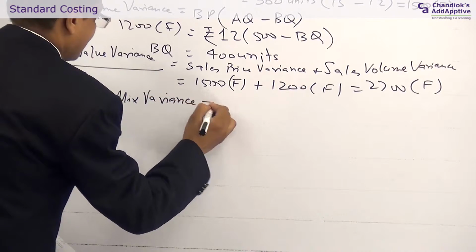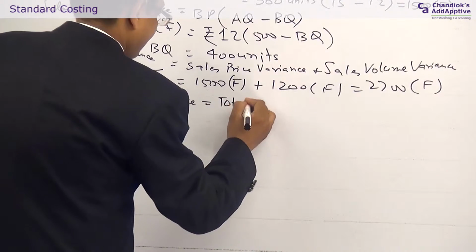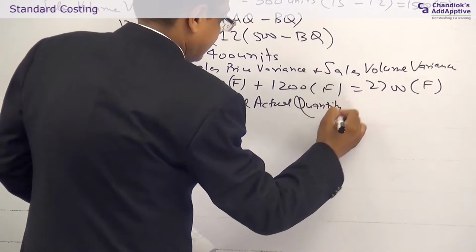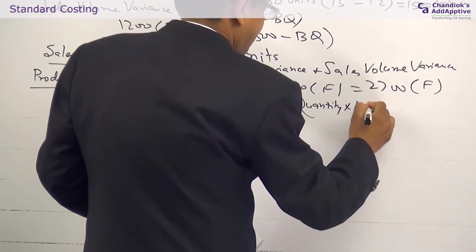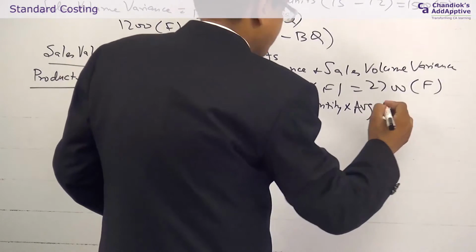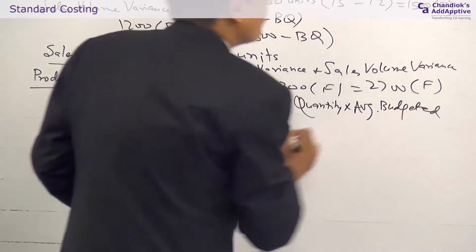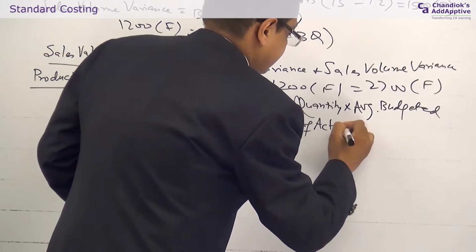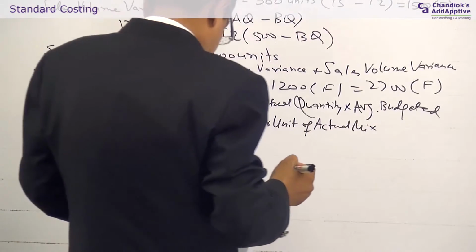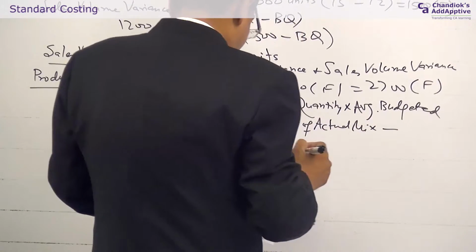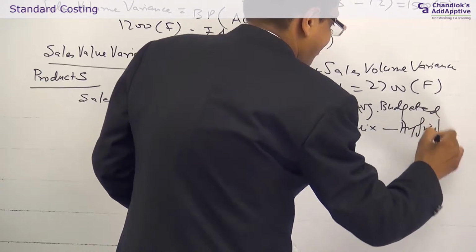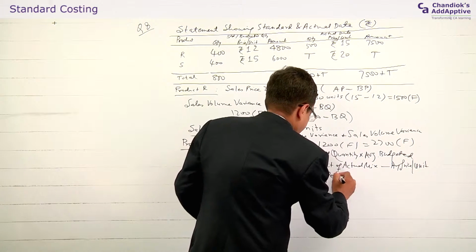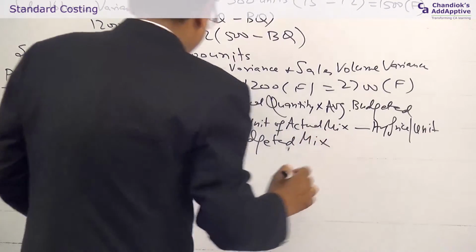Sales mix variance is equal to total actual quantity into average budgeted price per unit of actual mix minus average price per unit of budgeted mix.